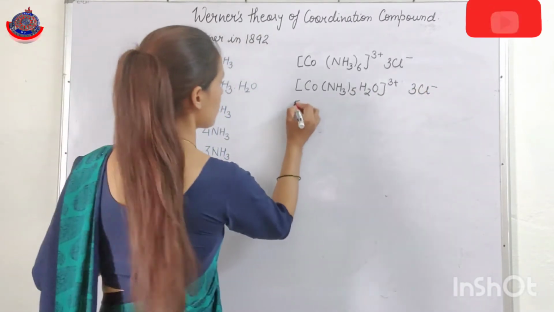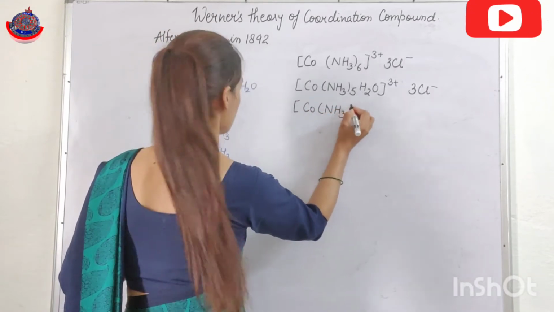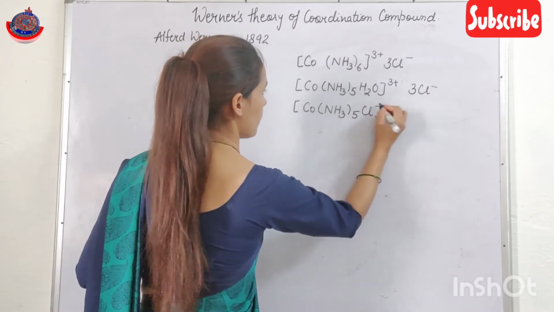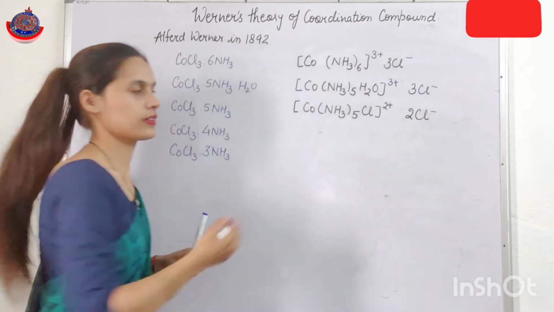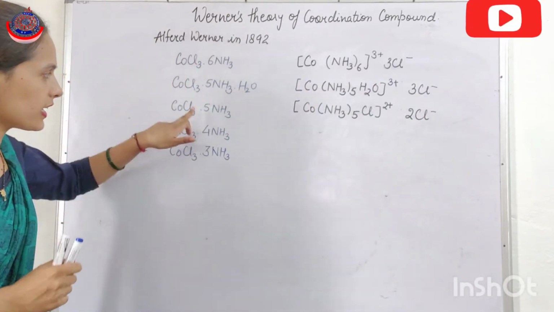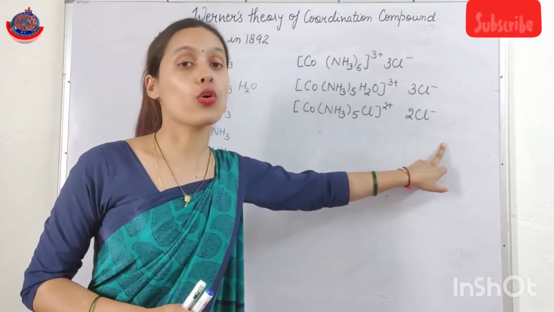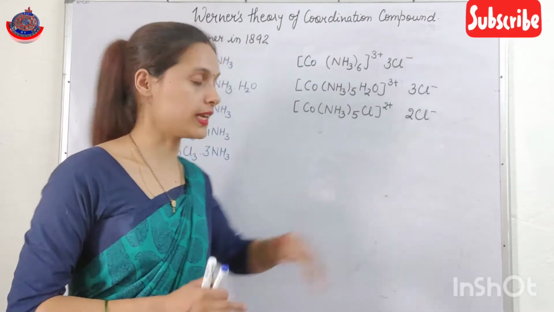Here we get Co(NH3)5Cl 2 positive and 2 Cl negative. Clear? Now in the third reaction, instead of 3 Cl negative, we get only 2 Cl negative. हमें सिर्फ क्या मिला? 2 Cl negative.